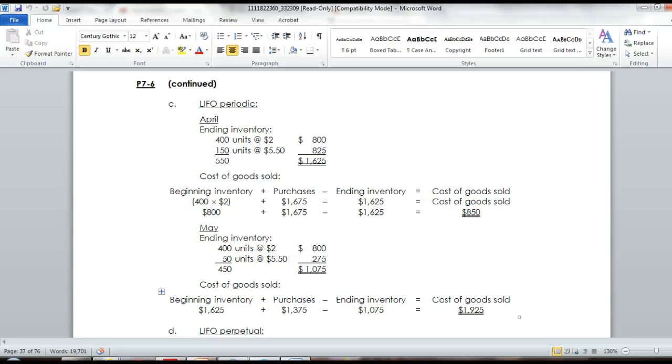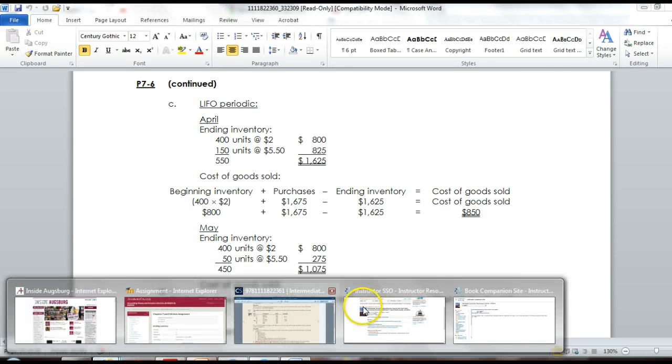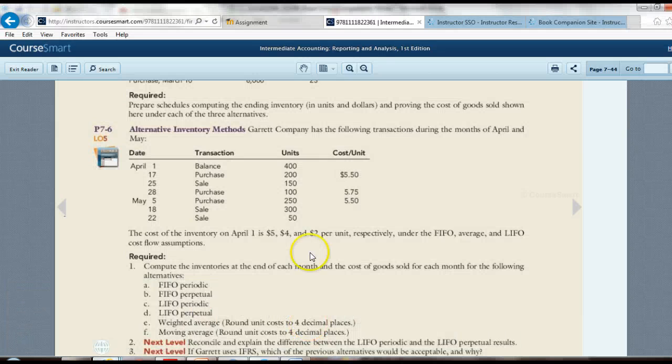Now, as we start with May, remember we're going to begin our May beginning inventory with what we ended our April ending inventory of $1,625. And then we see here in May that we had a purchase of 250 at $5.50.